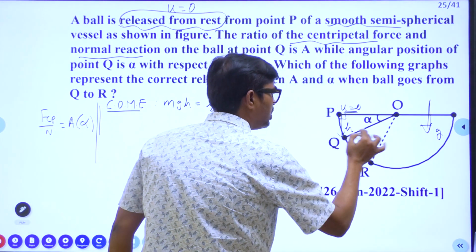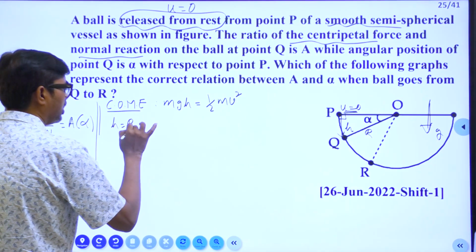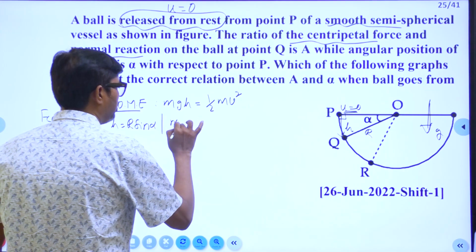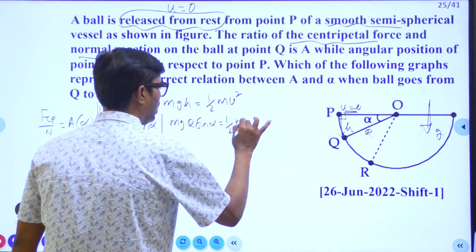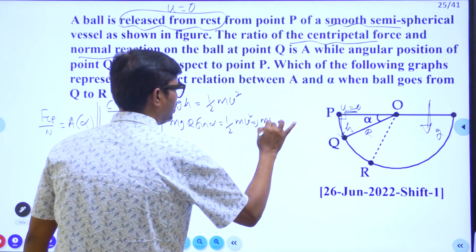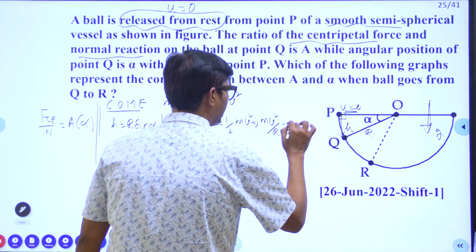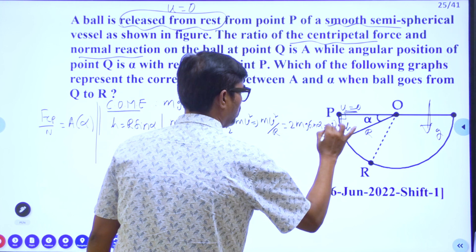You have this radius as hypotenuse, and the opposite side I require. So h would become r sine alpha, the opposite side. If I substitute there, mg into r sine alpha equals half mv square. From there, mv square by r equals 2mg sine alpha. So this is one equation.